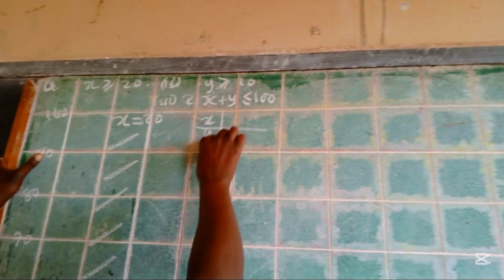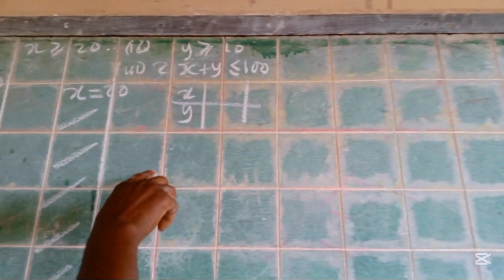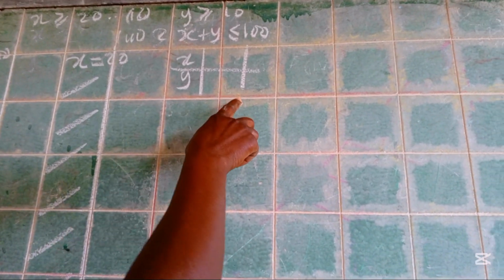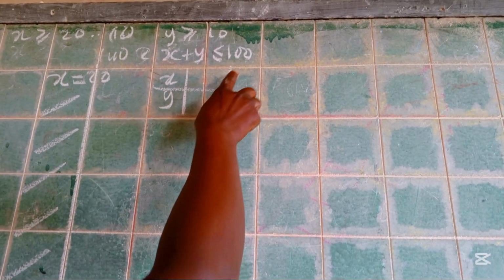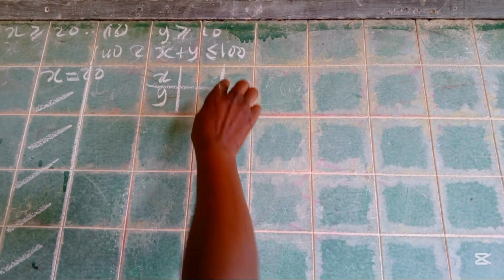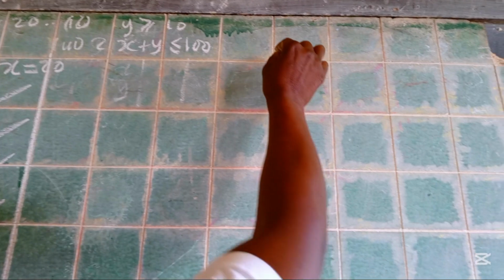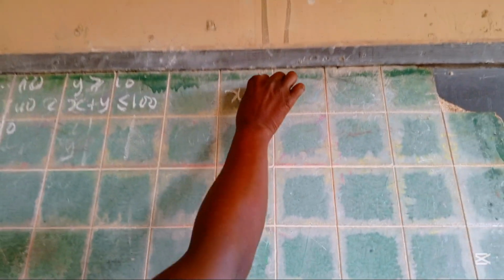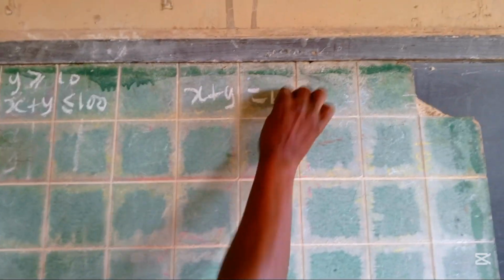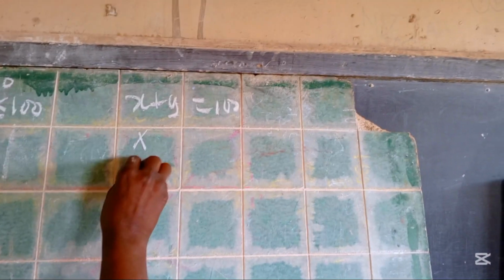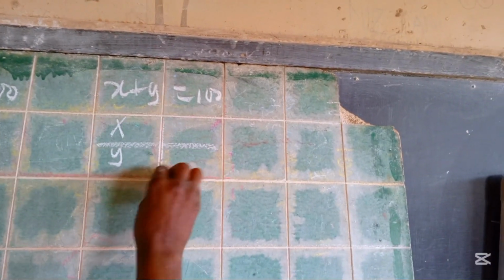Now, for the sake of learning, because I want us to understand properly, I will say this is as good as saying x plus y equals 100. Then you come up with a table. This table, you do it like this.